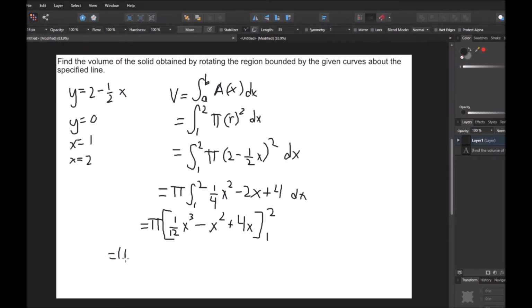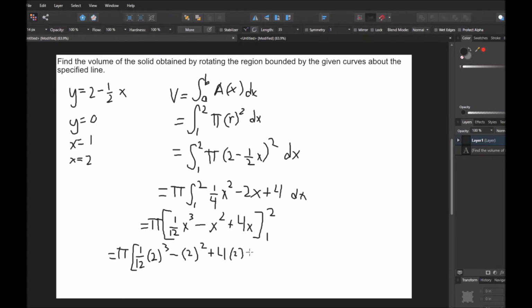So then I'm going to get pi times 1/12 times 2 cubed minus 2 squared plus 4 times 2.